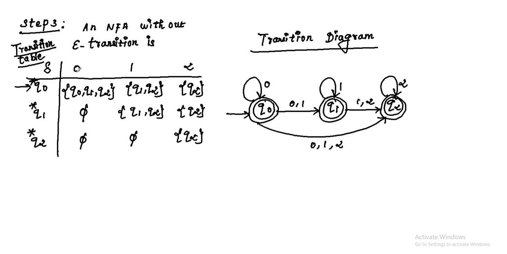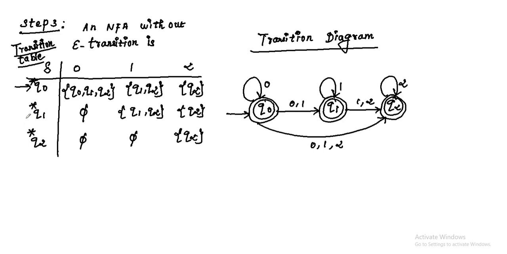So q0 on 0 goes to q0, q1 and q2. q0 on 1 goes to q1 and q2. q0 on 2 goes to q2.